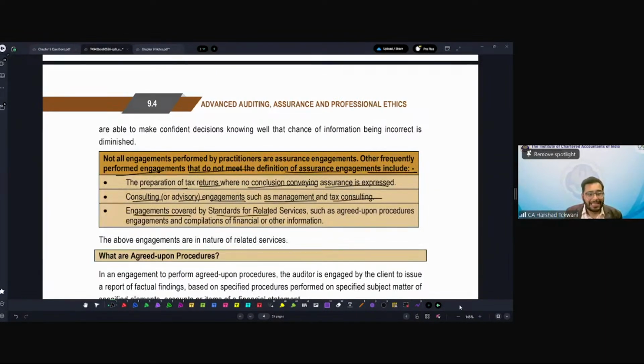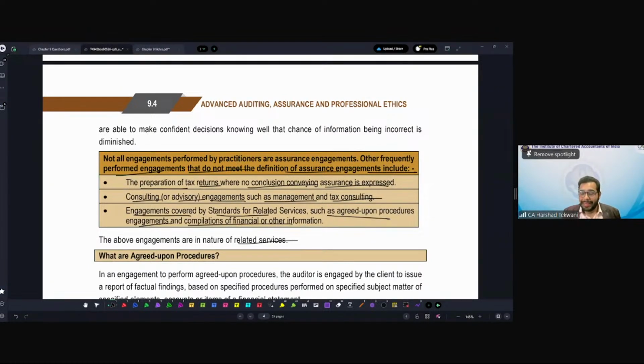Engagements covered by SRS such as agreed upon procedures. Engagements for compilation of financial and other information. These particular types of engagement are known as related services, engagements in the nature of related services, which are other than assurance engagement. Are you getting the point?